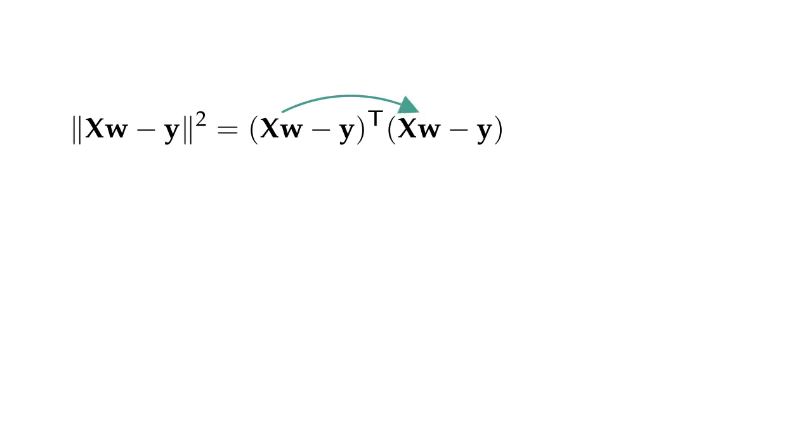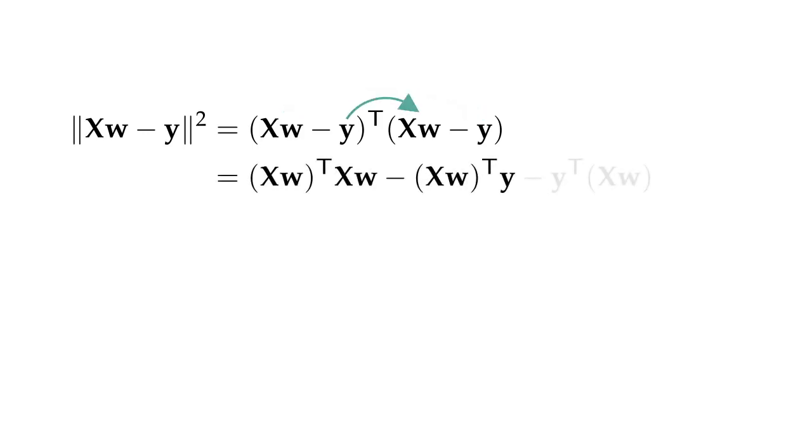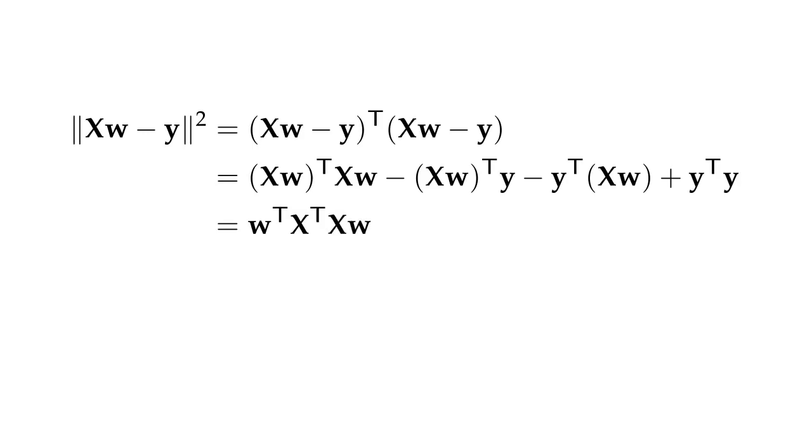We do this term by term, just as you would in any kind of binomial product. This gives us the four terms that we see here. For the first term, we have this xw transpose. We apply our identity of multiplying and transposing, and we turn that into w transpose x transpose. The rest of that term remains the same.